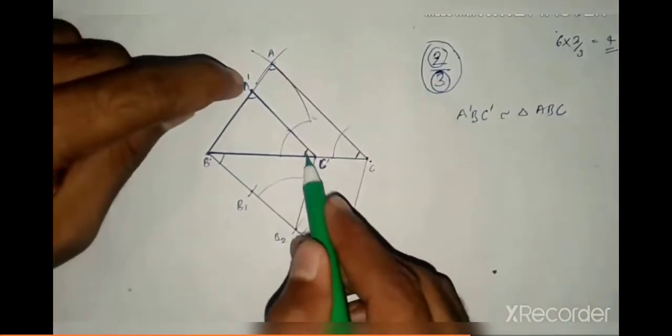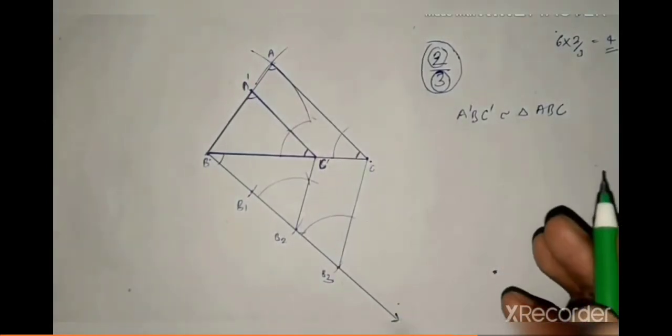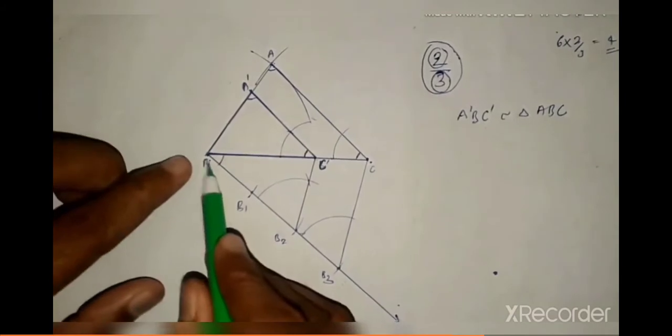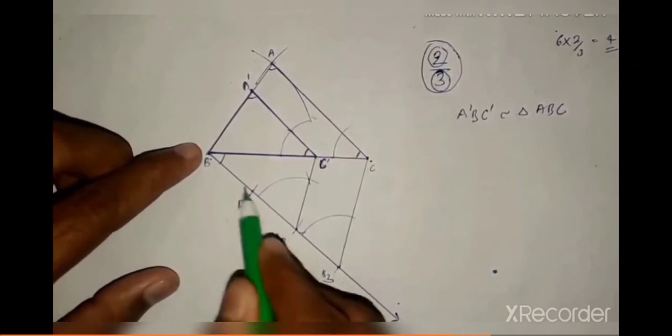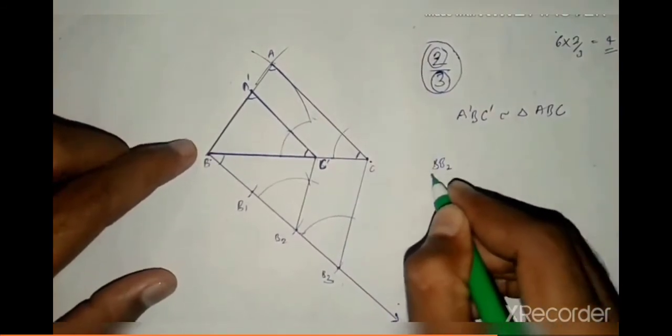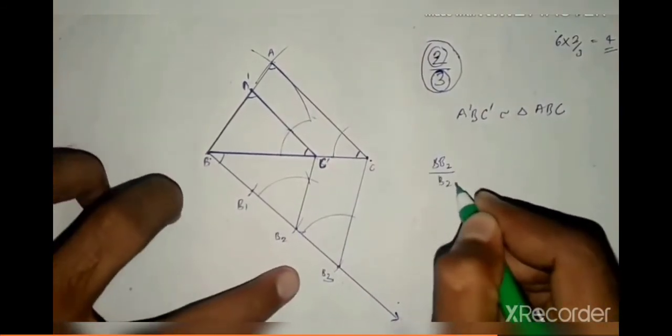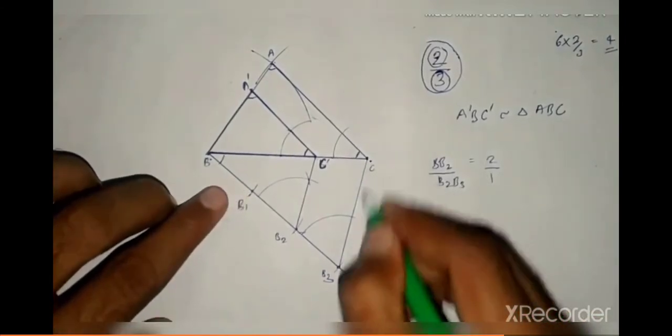So now AB and BC we know. AB is 4, BC is 6 centimeter, and here this ray also we know, when we divide into 2/3 parts. 2/3 means 2, 4, 6. We have divided into 2, 4, 6 parts. Let me check, B1, B2, B3 will be equal to 2:1.